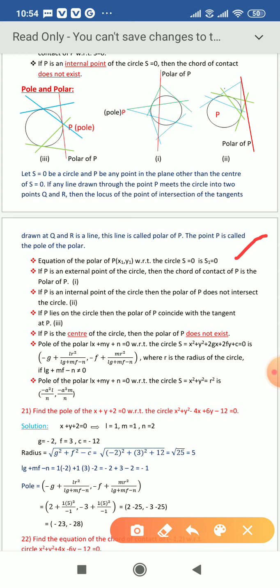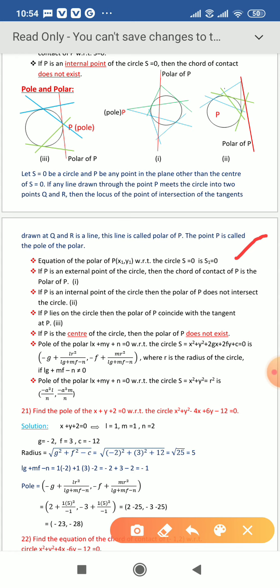Now, here is the polar of (x1, y1) with respect to the circle S = 0. This is the polar of a point with respect to a circle. So, polar is a straight line. S1 = 0 is nothing but of the form ax + by + c = 0. So, that represents a straight line. So, polar is a straight line with the formula S1 = 0.